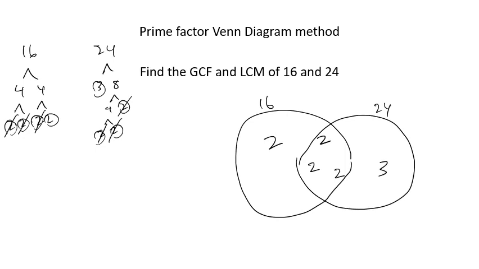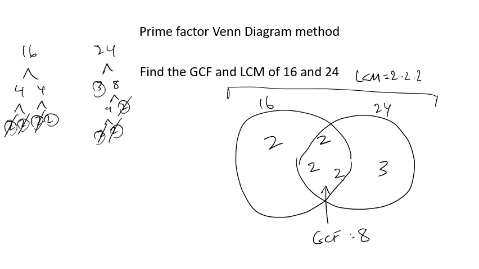You can probably recognize this is not that much different than what we did in the previous method. We've got the 2, 2, 2 that's in common, so that's my greatest common factor of 8 right there. And then if I take all of this together, I get my LCM. So 2 times 2 times 2 times 2 times 3.